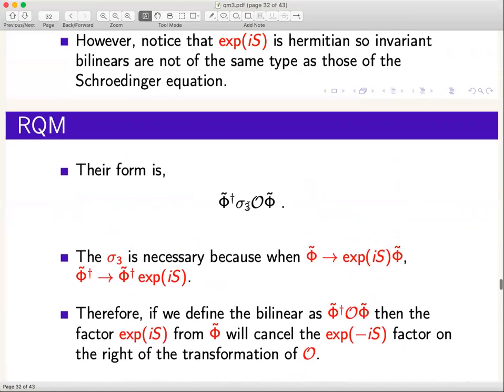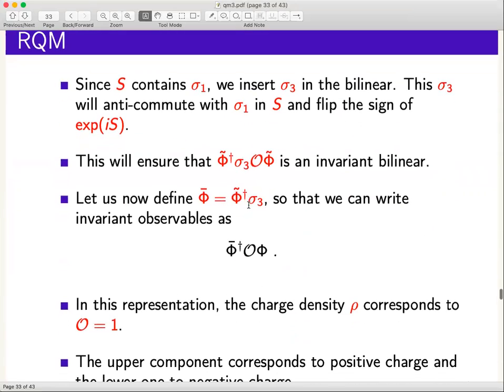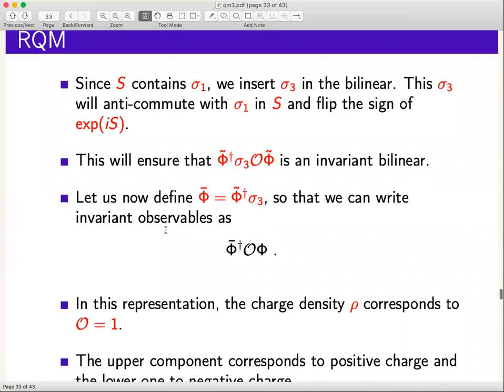So the right kind of invariant observables will be phi bar O phi. Sorry, I should not have put dagger here. That is the kind of quantity, phi bar O phi.